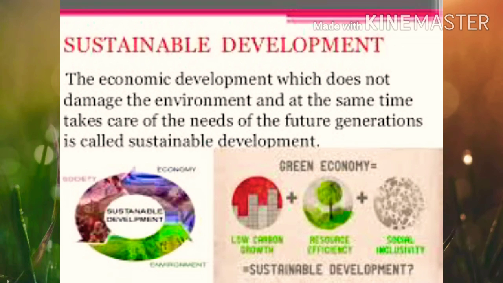It is a process of economic development where we use resources in a judicious, equal way, to satisfy the needs of the present generation, and at the same time conserve these resources for the future generation also. That idea, we call sustainable development, which has a lot of importance not only in India, but all around the world. At the global level, the idea of sustainable development has a lot of importance to safeguard our resources.